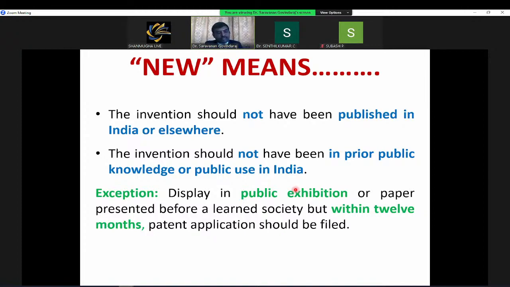The most important thing is that your work should not be published, and only then can we get a patent. But you can present your work; for example, you have invented something and you are going to conferences and presenting it. You can present it, but from that date, within 12 months, within 1 year, you need to file your patent application.